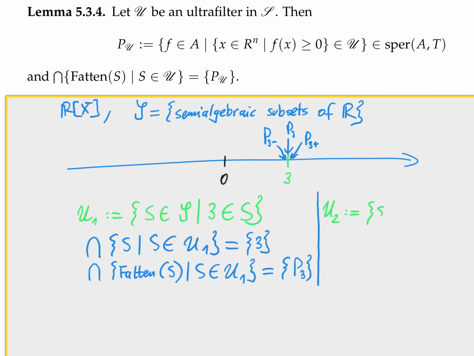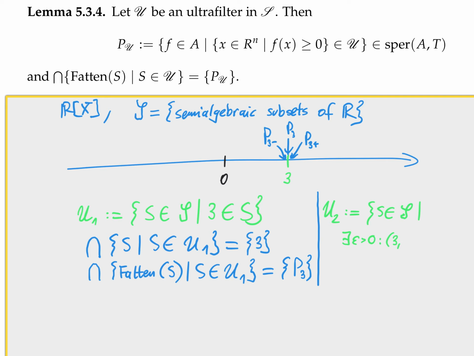So another example would be U2, let's say. I take all S in S such that there exists a real epsilon bigger than 0 such that the interval of real numbers between 3 and 3 plus epsilon is contained in S. So it's easy to see that this is a filter again.